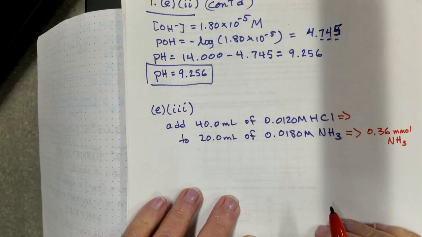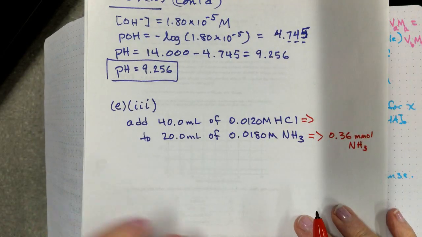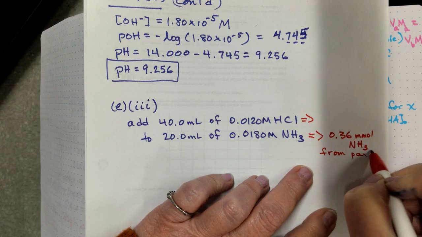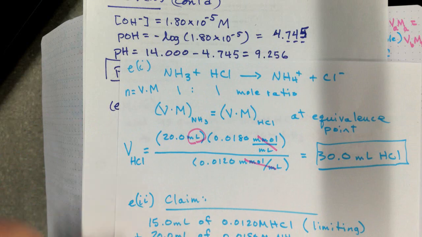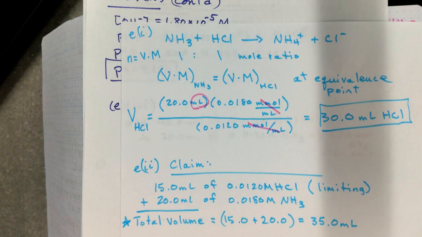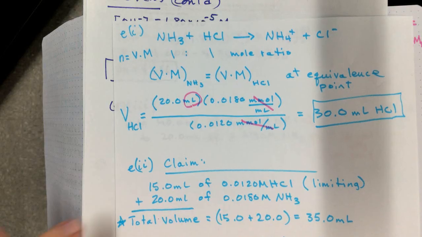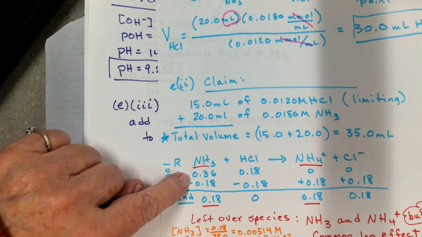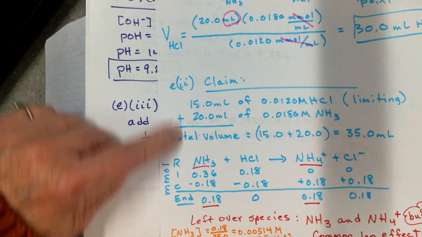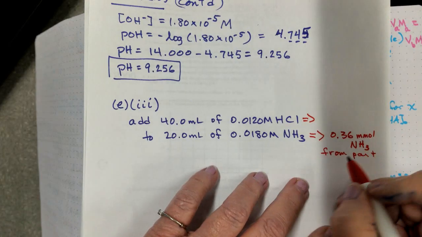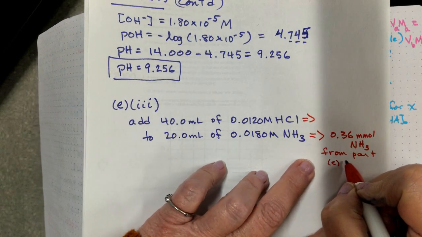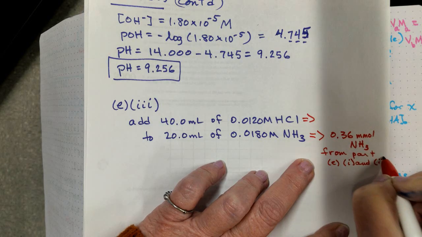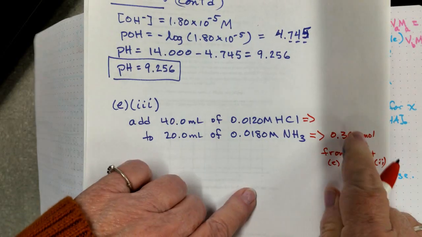How many millimoles of the acid do I have? What part did we calculate that? Well, we sort of did it implicitly here. 20 times 0.018 gave us, oh, here it is, 0.36 right there. So from parts E1 and E2, I already know that. I don't have to show the work again.